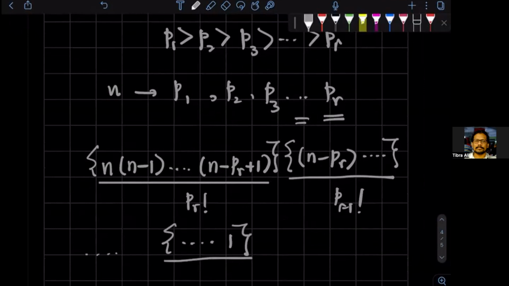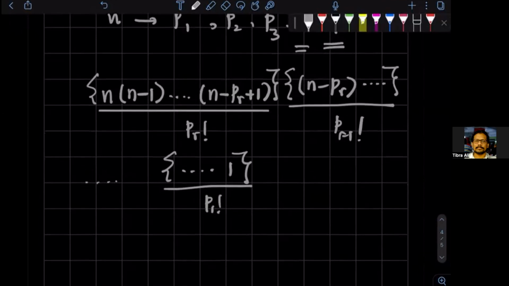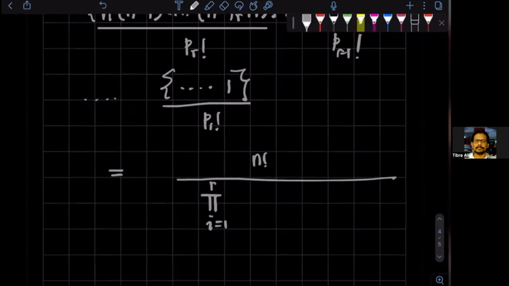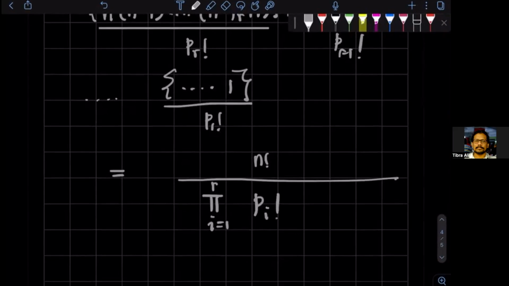And that one you have to divide by P1 factorial. So if we write this, we get n factorial in the numerator, and in the denominator, the product from i equals 1 to R of Pi factorial. Okay, so these are the number of possible subsets.